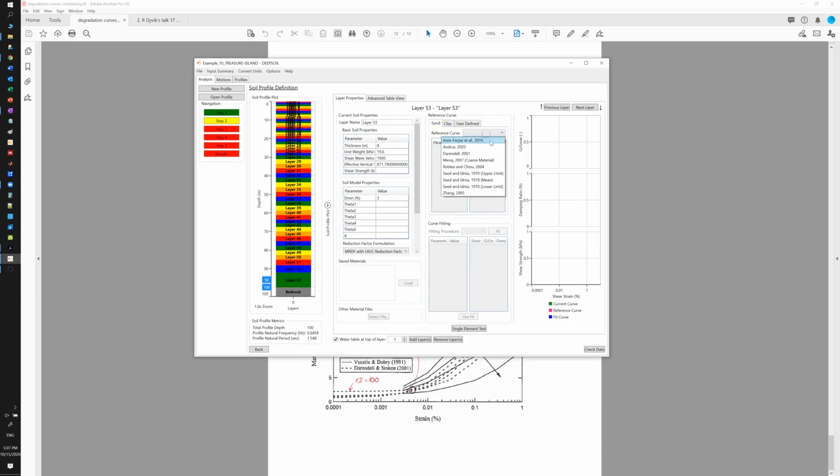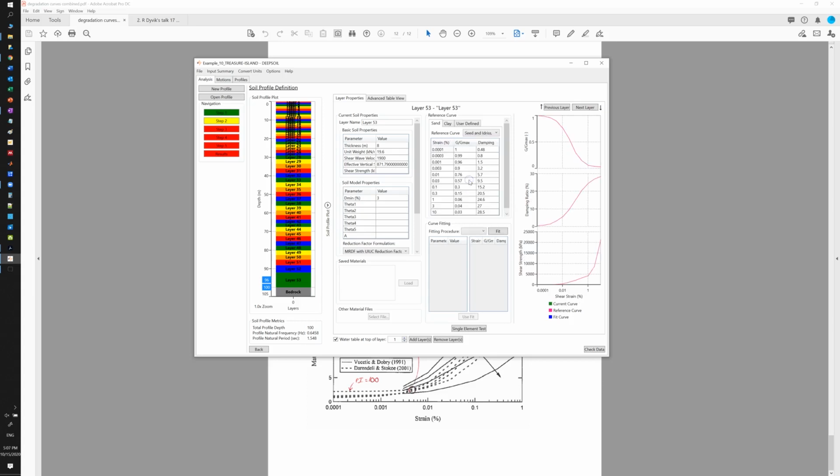you could select those that we just talked about, like the mean, the upper limit, the lower limit, and maybe some newer models that have also come out in recent years. So you can select those, and it will load up how the G max and the damping ratios change with strain.